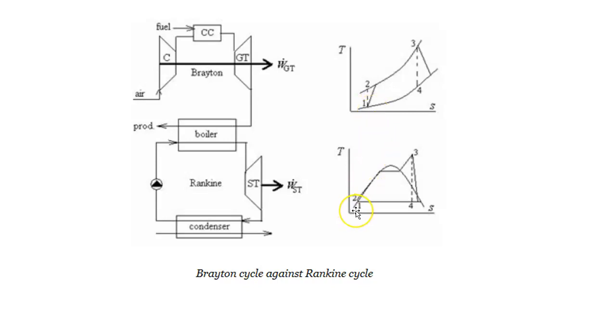For the Rankine cycle, slightly different. 1 to 2 is work put in, and it's a vertical line into the feed pump. It's very small and sometimes not even considered when we're talking about the Rankine cycle because so little work is put in.